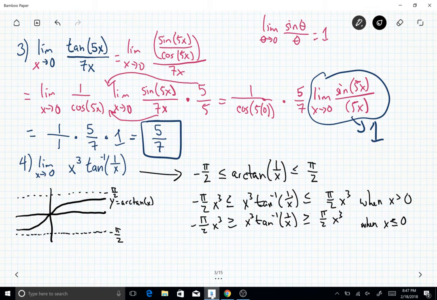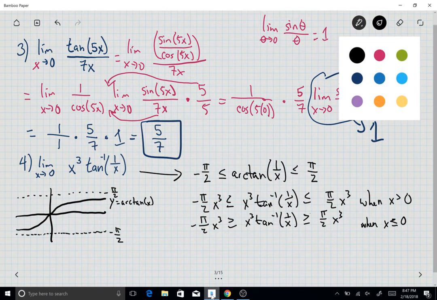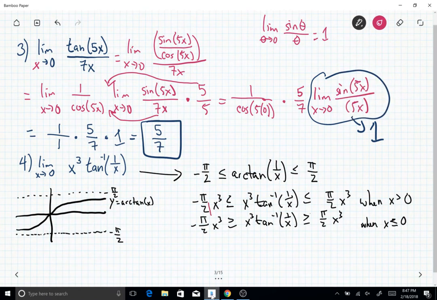So there's a way to fix this, and we can have it where it's all one case rather than having to break up into when x is greater than 0 and when x is less than or equal to 0. The simple fix comes right here. We'll put an absolute value around this x cubed, and we'll put an absolute value around that x cubed. So notice that won't make a difference. Worst case scenario, that's as far down as this can go in terms of negative pi over 2 times the absolute value of x cubed, because that'll turn to a positive number there.